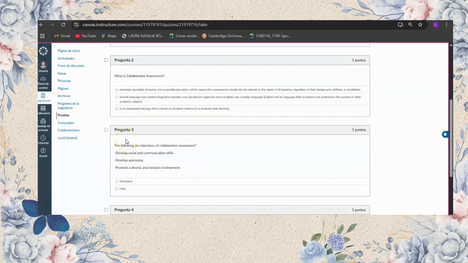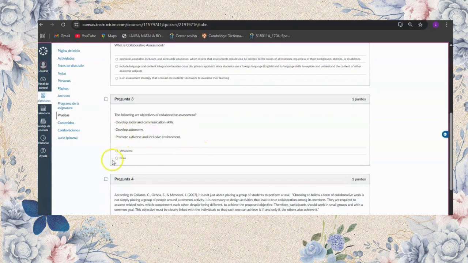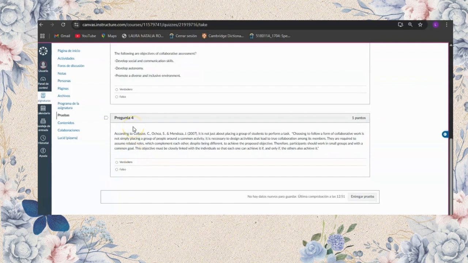Question number 3: the following are objectives of collaborative assessment, true or false? And the last question, question number 4: according to author Collazos Ochoa Mendoza, it is not just about placing a group of students to perform a task. Choosing to follow a form of collaborative work is not simply placing a group of people around a common activity.